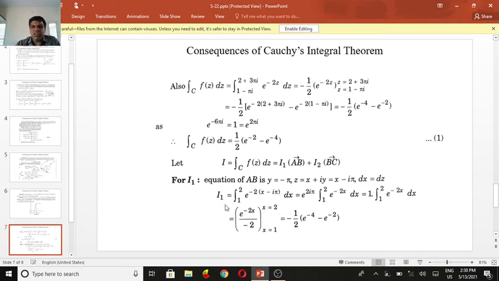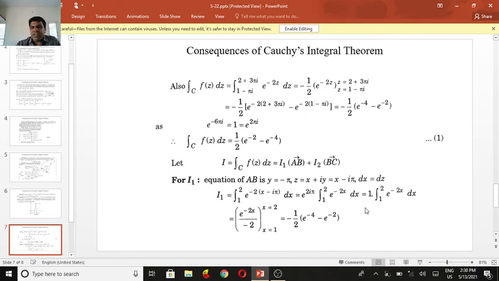So I1 is the integral from 1 to 2 of e^(-2(x - πi)) dx, which is e^(2πi) times the integral from 1 to 2 of e^(-2x) dx, that is 1 times the integral from 1 to 2 of e^(-2x) dx.